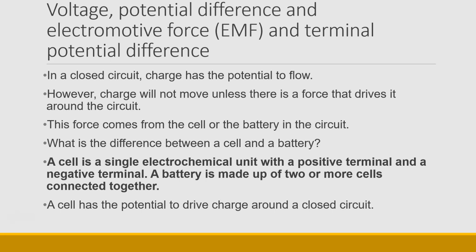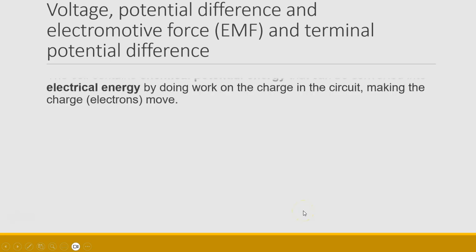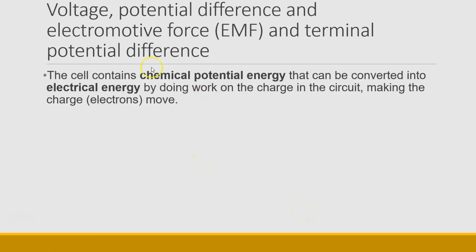Now, a cell has the potential to drive charge or push electrons around a closed circuit. Inside the cell, there are chemicals, and those chemicals are carrying chemical potential energy.